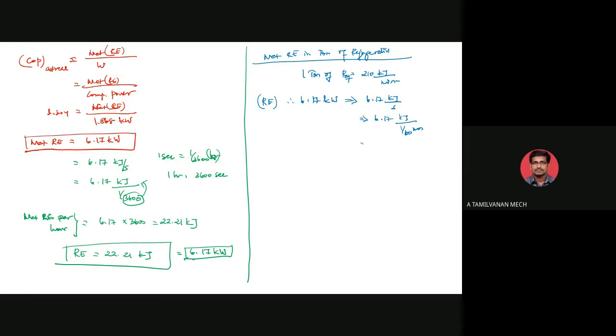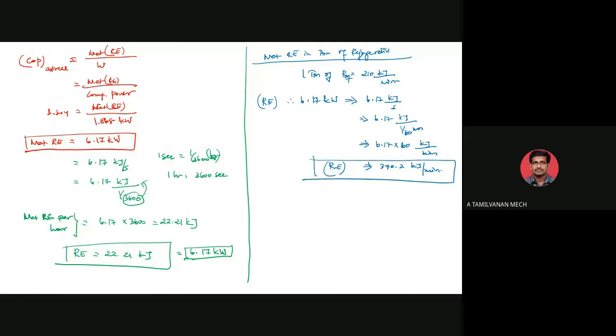So you have 6.17 into 60 kilojoule per minute. What value do you get? Almost 370.2 kilojoule per minute. You get the refrigeration effect equal to 370 kilojoule per minute.